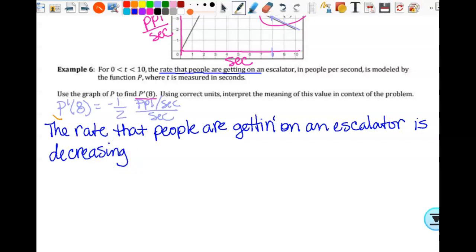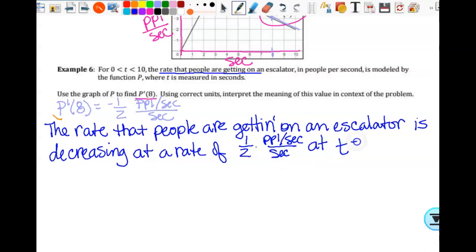Is this an approximate rate? No, it's an exact rate because we got it from the graph, right? Decreasing at a rate of, is it 1/2 or negative 1/2? 1/2, because the decreasing took care of the negative. 1/2 people per second at t equals 8 seconds.